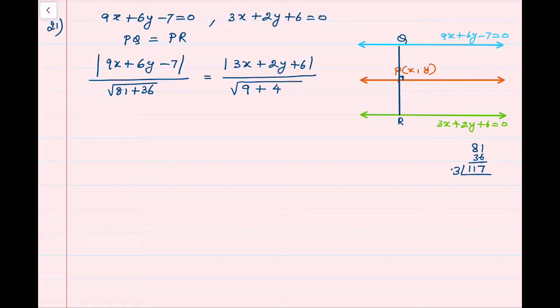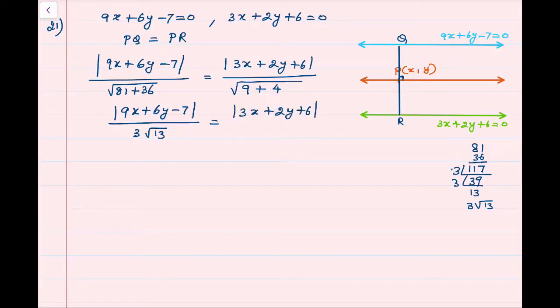Let us do prime factorization. It is 3 root 13. Absolute value of 9x plus 6y minus 7 divided by 3 root 13 equal to absolute value of 3x plus 2y plus 6 divided by root 13.